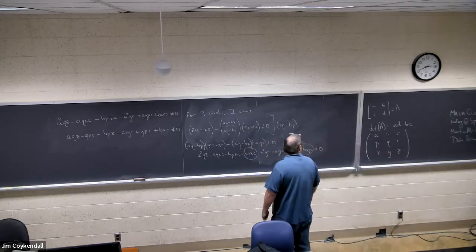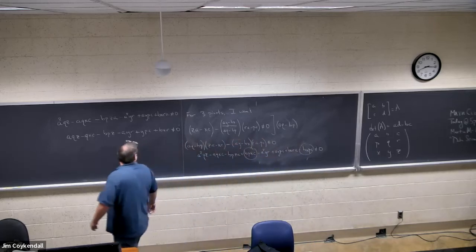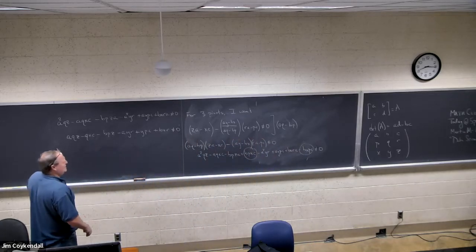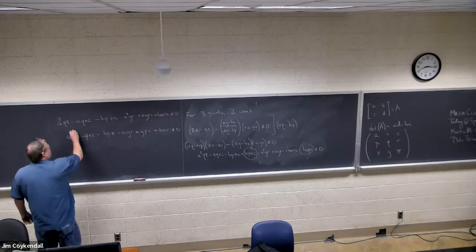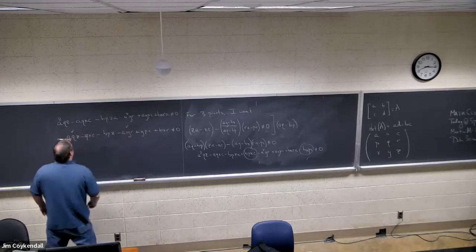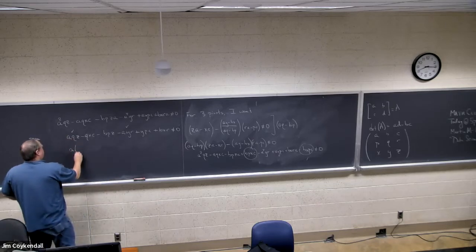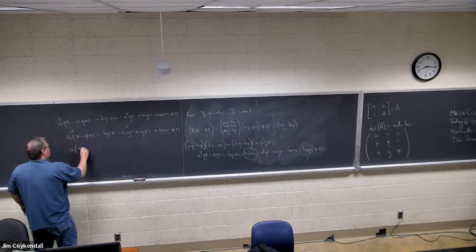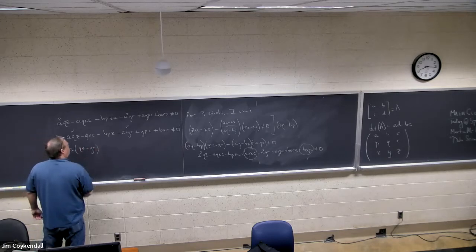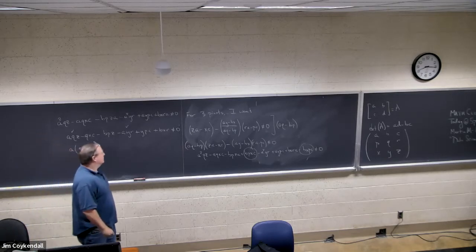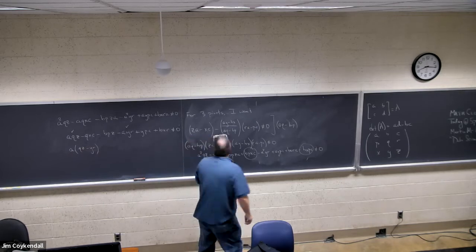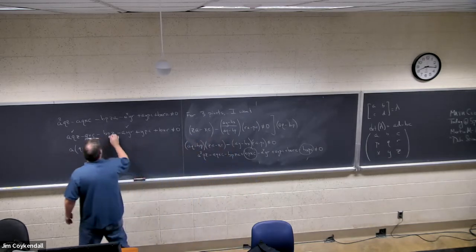Now I want to do a little bit of sagacious grouping. I'm going to group this together. So I'm going to pull these two out first. This is going to be A times QZ minus YR. And I'm going to group these together.